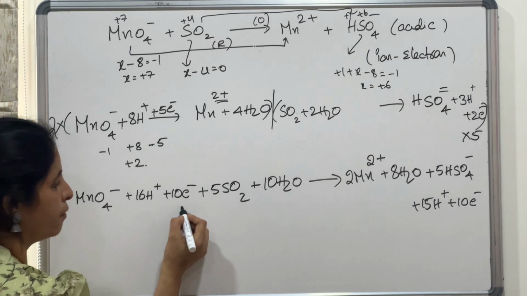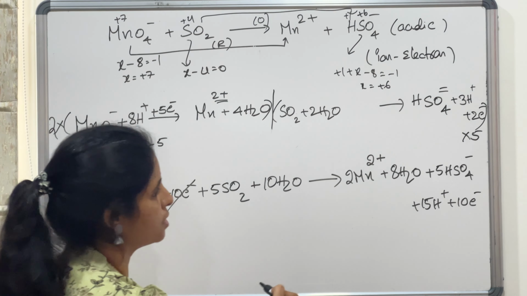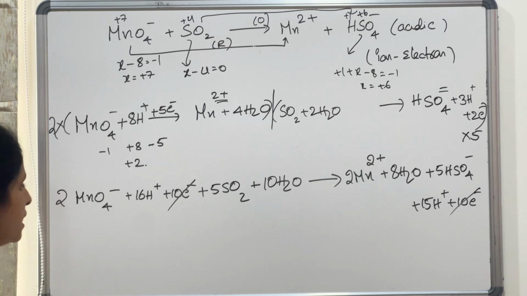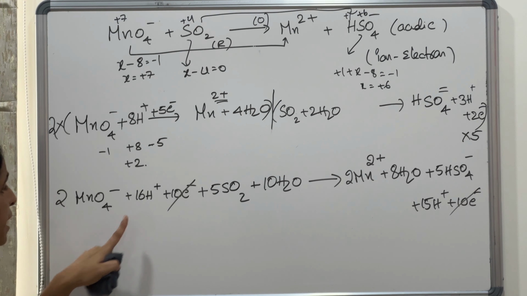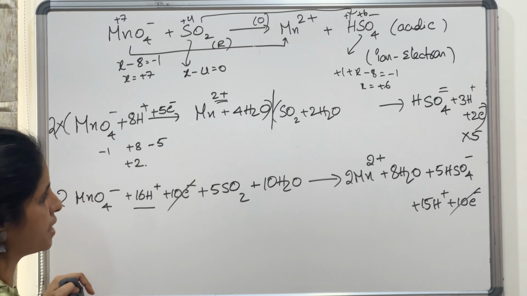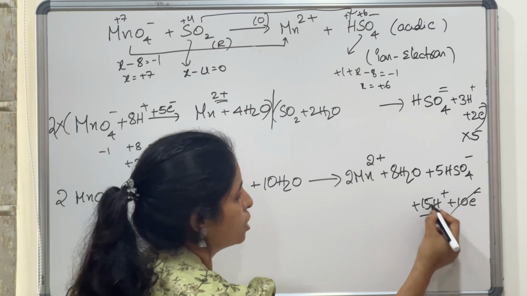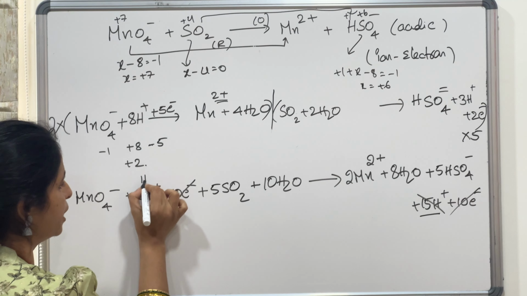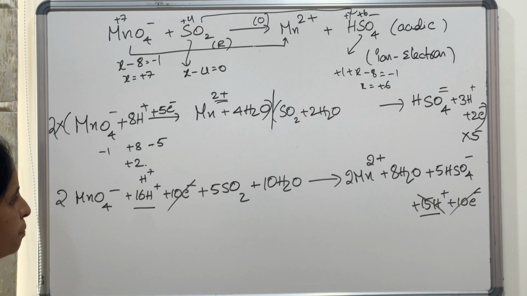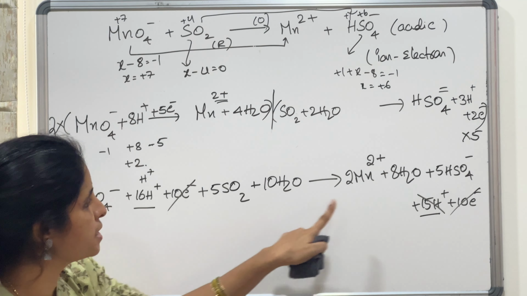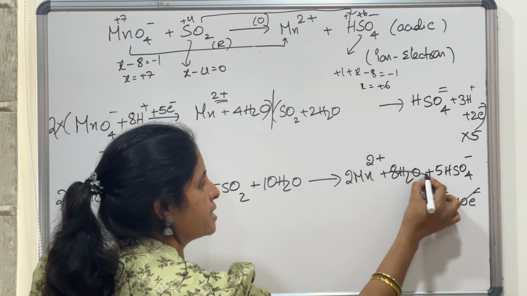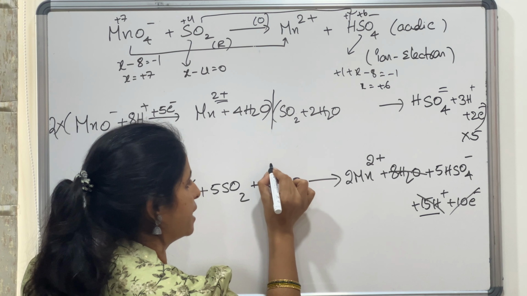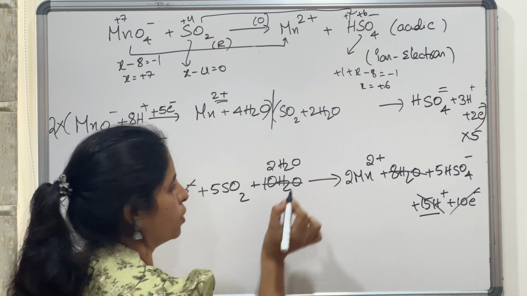So here I told you 10 electrons will get cancelled, and this side 16 H plus is there, here 15 H plus. This 15 H plus will be cancelled, and you will get 1 H plus remaining here, and here 10 H2O this side, 8 H2O this side. This 8 H2O will be cancelled, and you will be left with 2 H2O here.